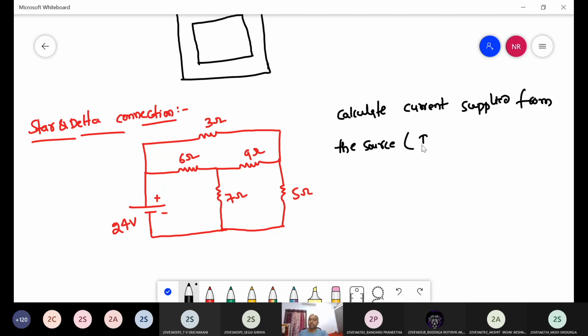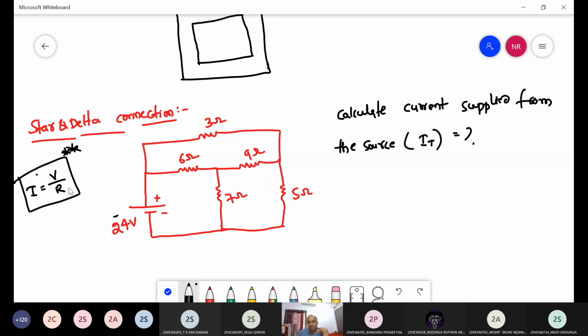So it means it is I total. If you want to calculate the total current, first we have to know the total resistance, because according to Ohm's law, I is equal to V by R. So if the total voltage is 24 volts, then the total resistance. In this circuit, what is the possible combination? Here we don't have any series or parallel connection.